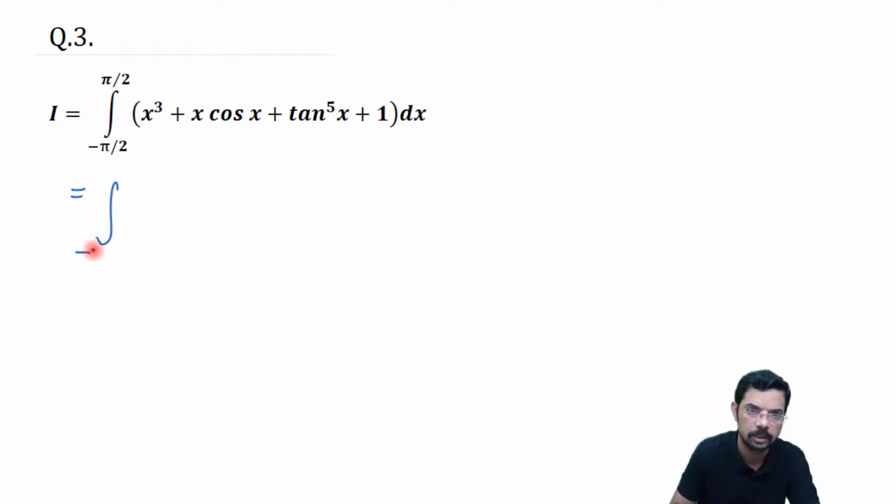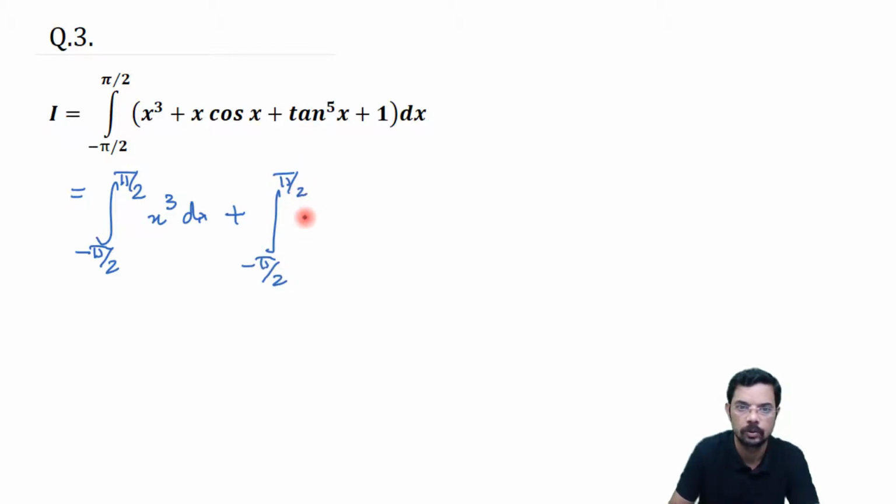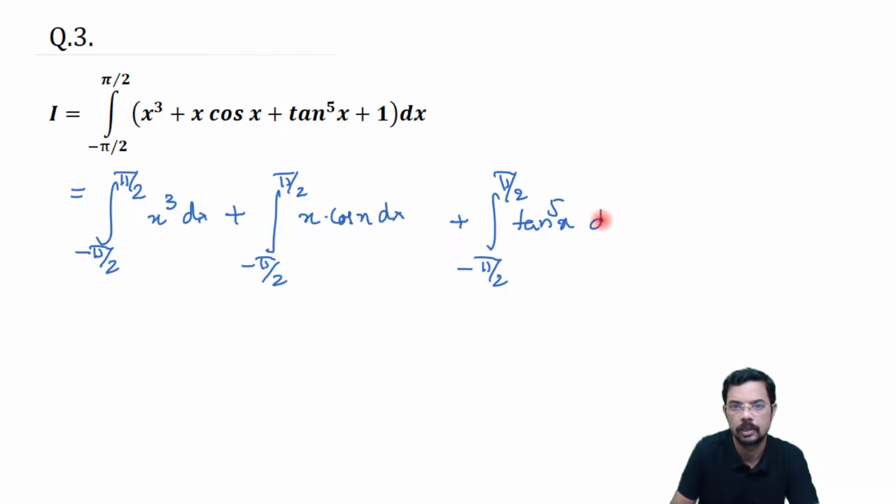This is integral from minus pi by 2 to pi by 2 x raised to 3 dx plus integral from minus pi by 2 to pi by 2 x into cos of x dx plus integral from minus pi by 2 to pi by 2 tan raised to 5x dx plus integral of minus pi by 2 to pi by 2 1 dx.